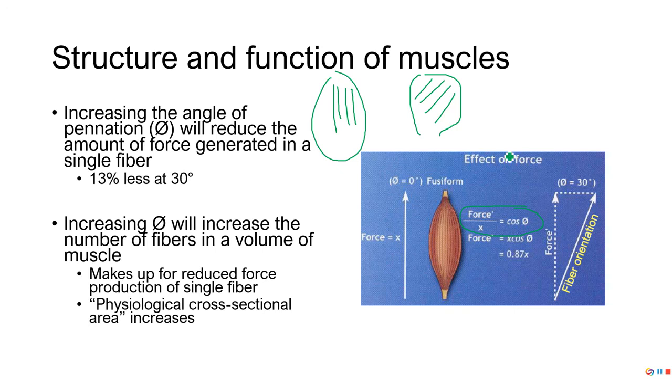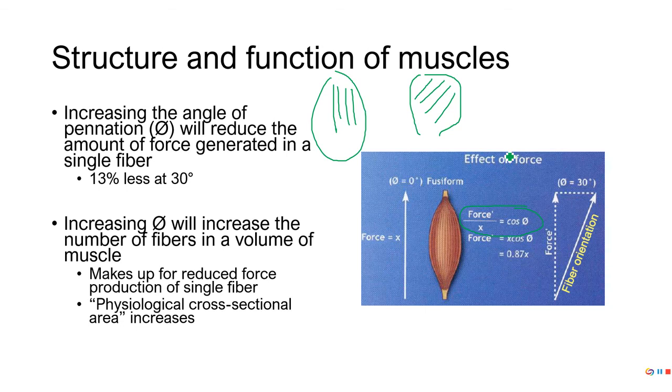Just to recap, an individual fiber that's pennated, or at an angle, will produce less force than a parallel fiber. However, if we're talking about a whole muscle, a parallel muscle will produce less force than a pennated muscle, because the pennated muscle has many, many more muscle fibers. It's got a greater cross-sectional area.